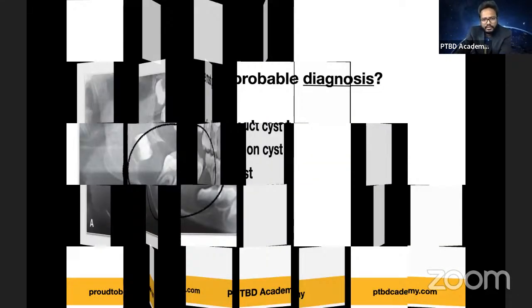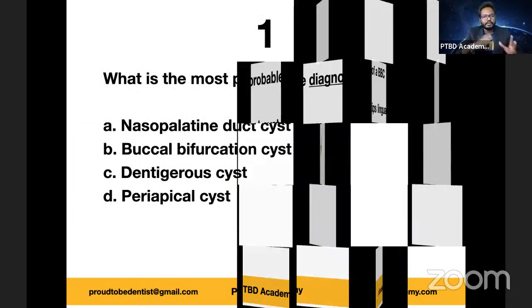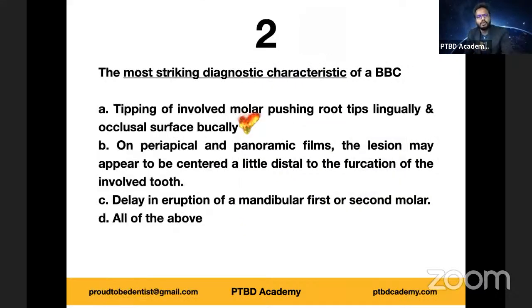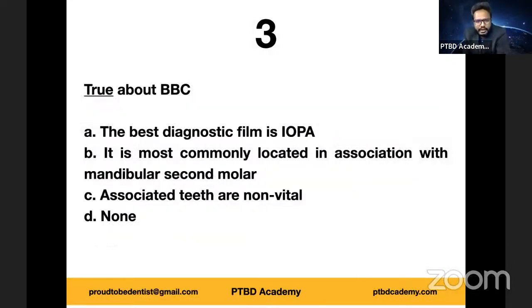Well done. The first two questions, I know, are very challenging, but since I've given you the hint, the clue, now that you know it's a buccal bifurcation cyst, I'm sure you'll be able to answer the rest of the questions, right? So let's see. Third question: true about buccal bifurcation cyst, I haven't revealed the key. Option A, the best diagnostic film is IOPA to diagnose buccal bifurcation cyst.